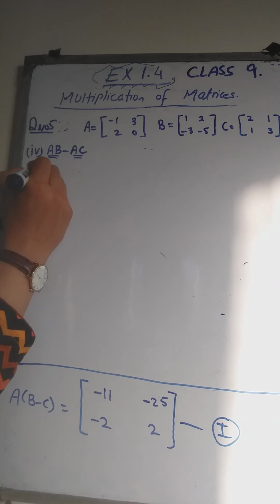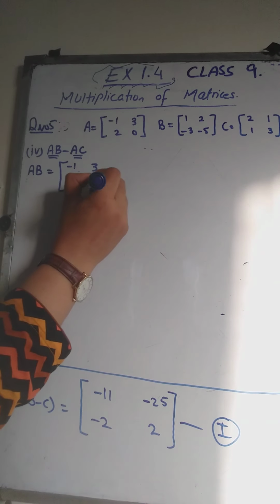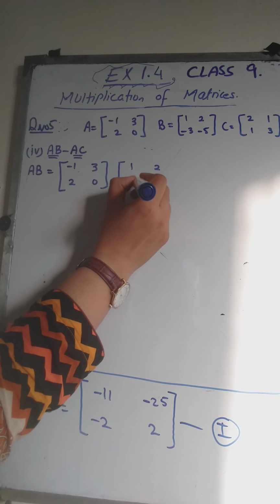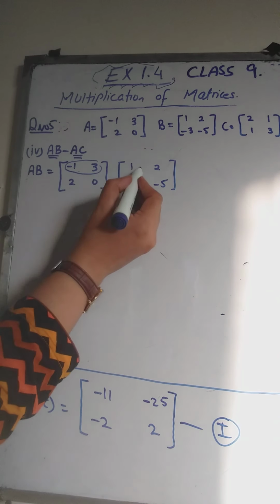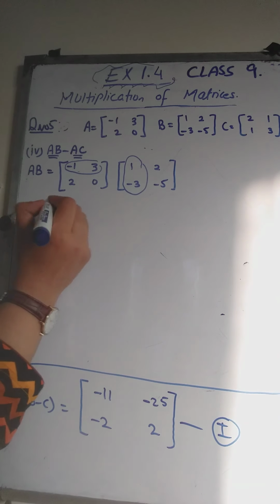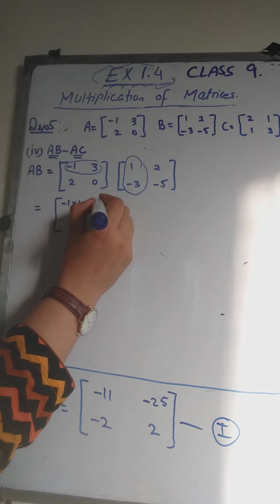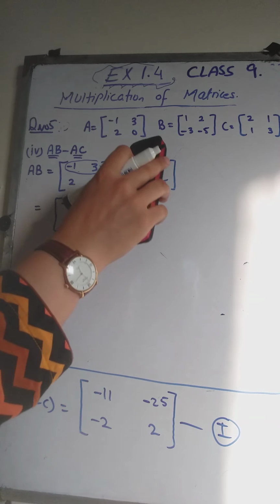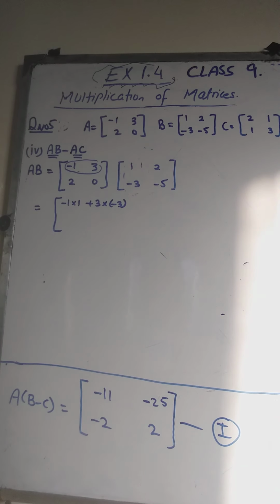We multiply A into B first, which is the matrix A multiplied with matrix B. Here we are going to pick the first row and multiply it with the first column. Negative 1 into 1 plus 3 into negative 3, and then we are going to pick the first row and multiply it with the second column.